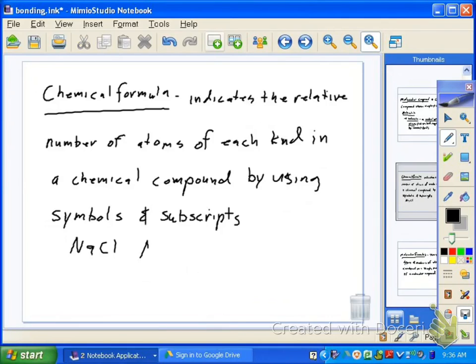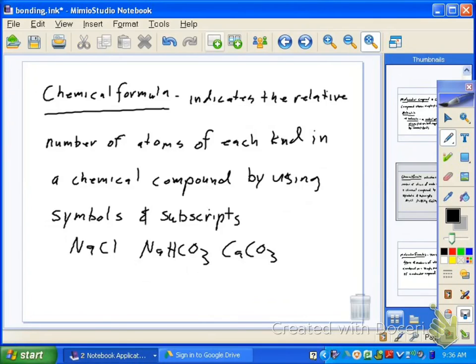Baking soda is NaHCO3. That's ionic. It's got a metal and some nonmetals hooked together. Okay? Sodium chloride. Okay? Limestone.